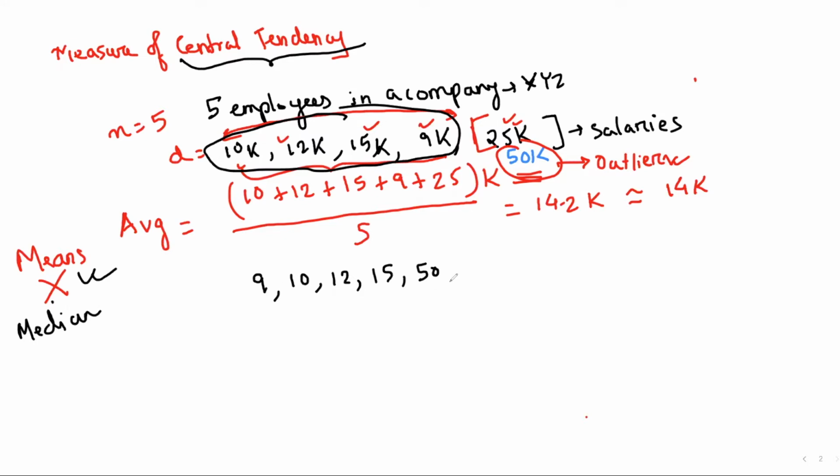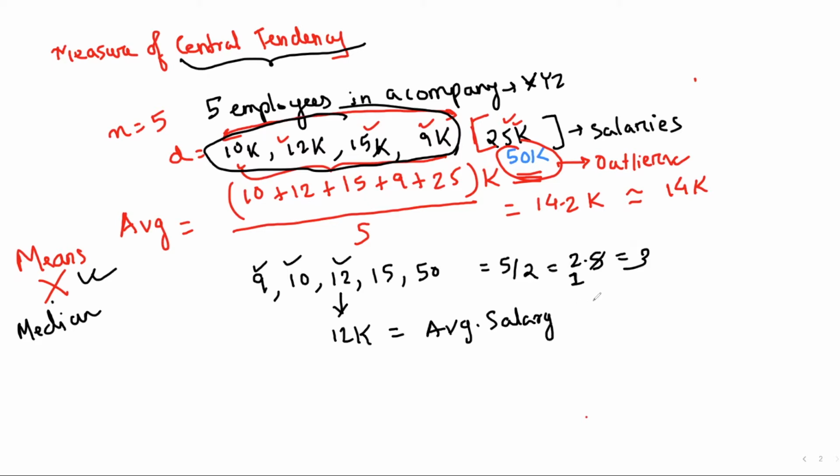Now here, how many observations we have? 5 observations, right? 5 divided by 2 is nothing but 2.5, which is nothing but 3, if we truncate it, right? So 3 is nothing but 1, 2, 3. So 12. So 12K will be the average salary of company X, Y, and Z.